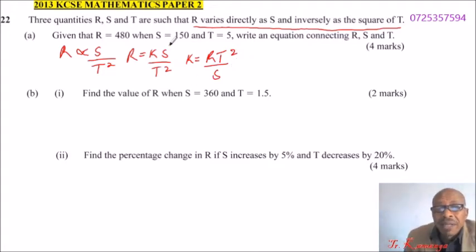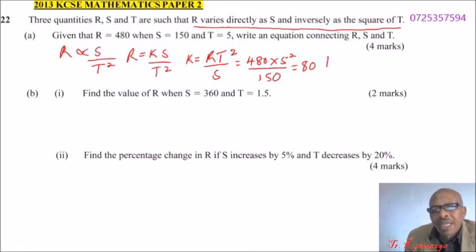Since we have been given the value of R as 480, you multiply by T, which is 5, so 5 squared, and you divide by S, which is 150. If you use your calculator, you will get 80.